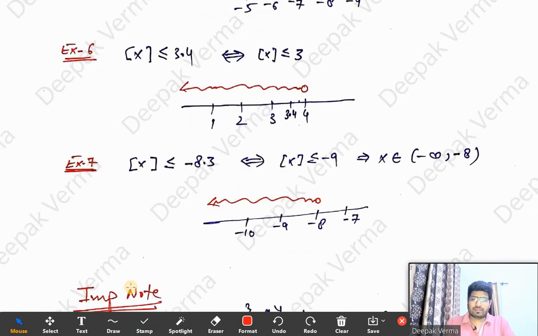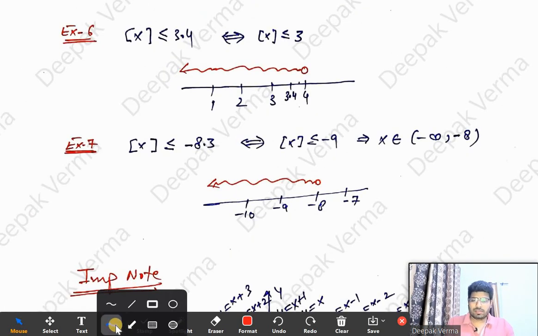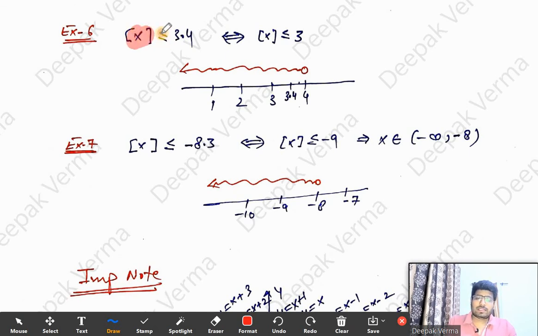Now if we have box x less than or equal to 3.4, then the integer just less than 3.4 is what? 3. 3.4 is somewhere between 3 and 4. If we want box x equals 3, then x will be between 3 and 4. Got it?